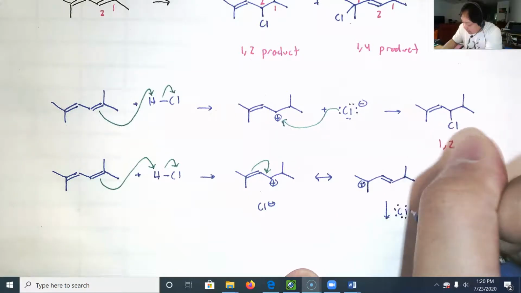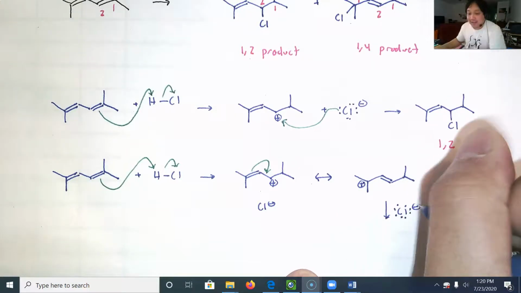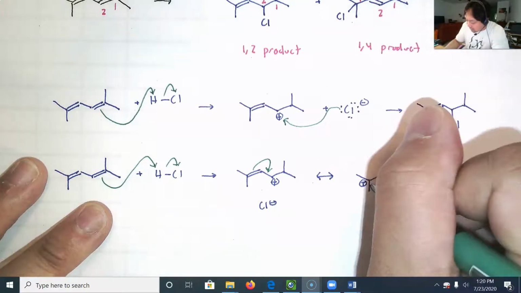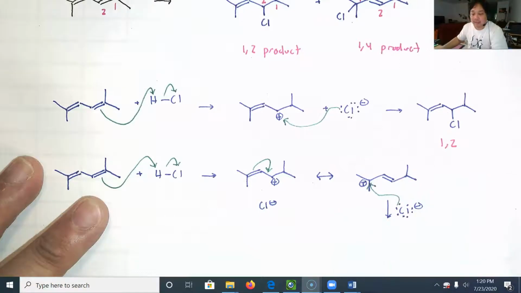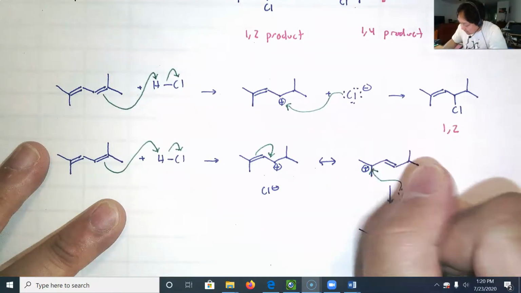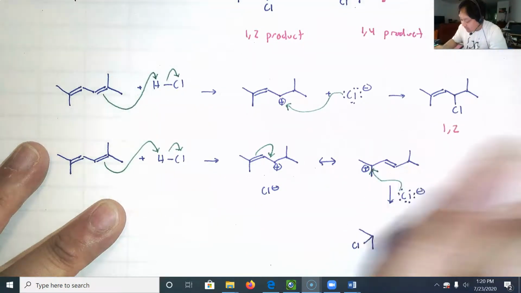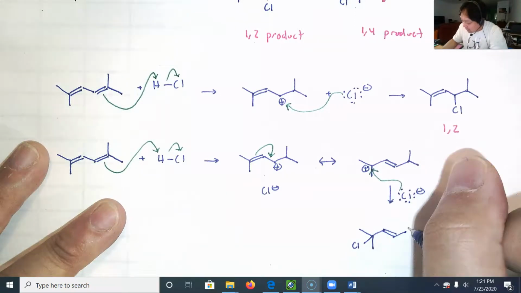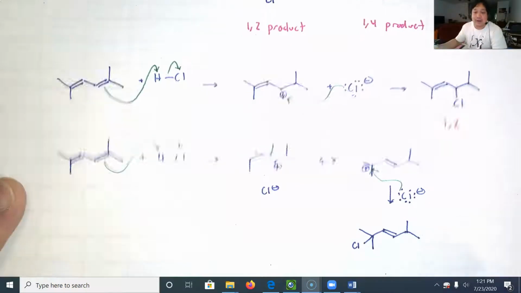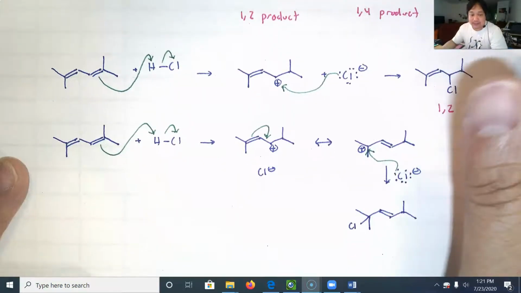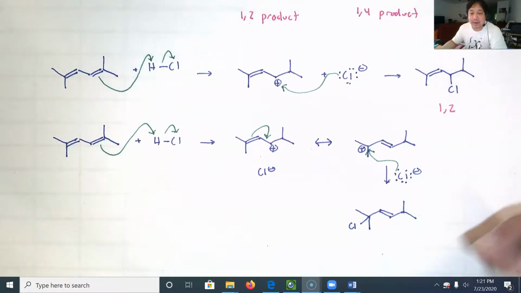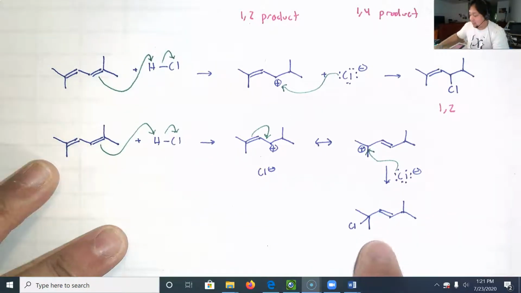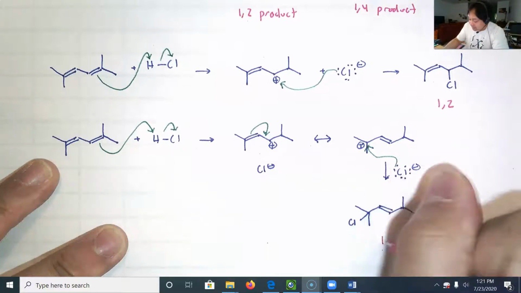Don't draw your arrows from a charge, even if it's negative. Draw your lone pairs. That's my pet peeve. Most professors actually let you draw it from the charge, but I like to stay consistent and draw my arrows from a source of electrons. Literally, I see the electrons as a lone pair or a pi bond, or any bond. There's your 1-4 product here.